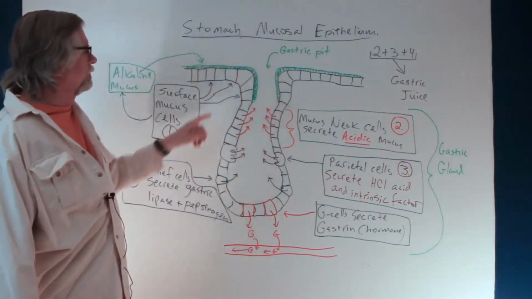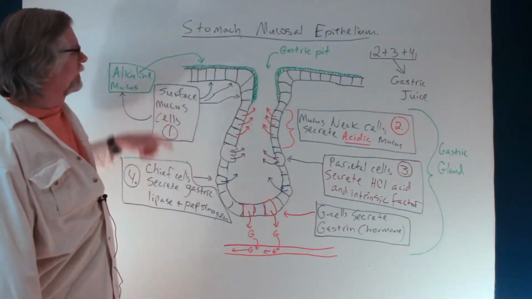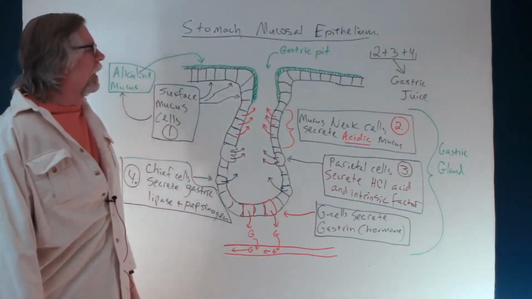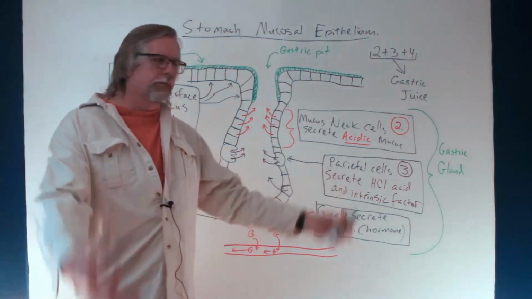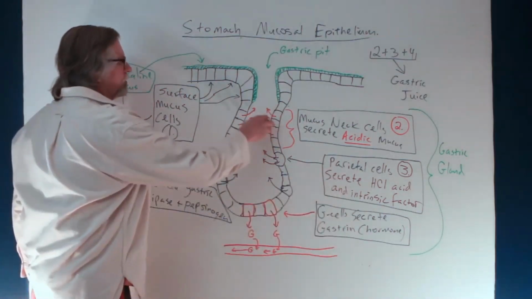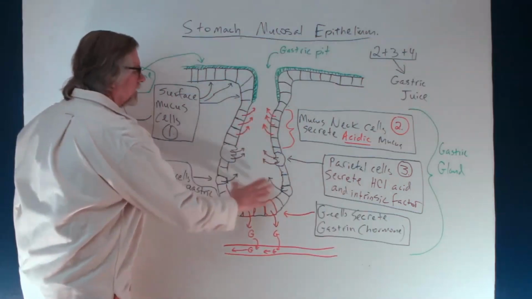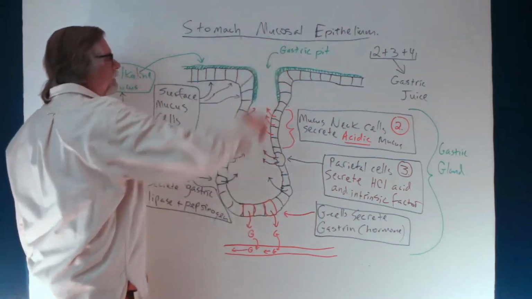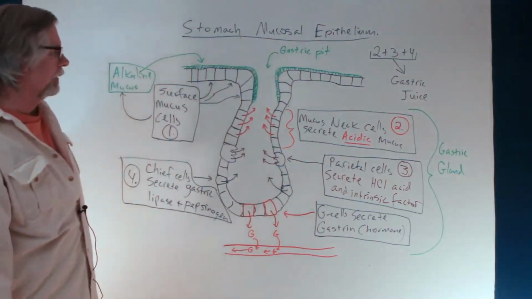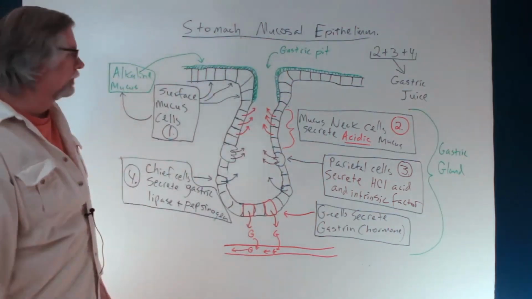Those are the first cells you come to beyond the surface mucus cells. They're also making mucus, but this is an acidic mucus. This mucus is going to gather in this channel here. It's going to mix with other stuff that's being secreted, and then it's going to exit into the lumen of the stomach.